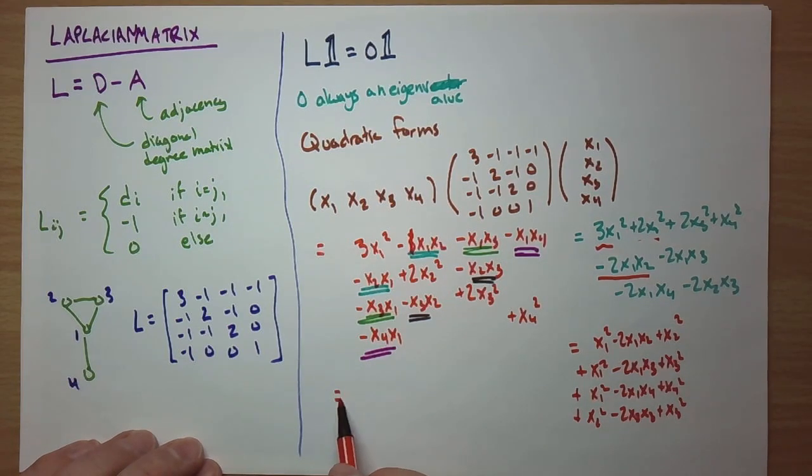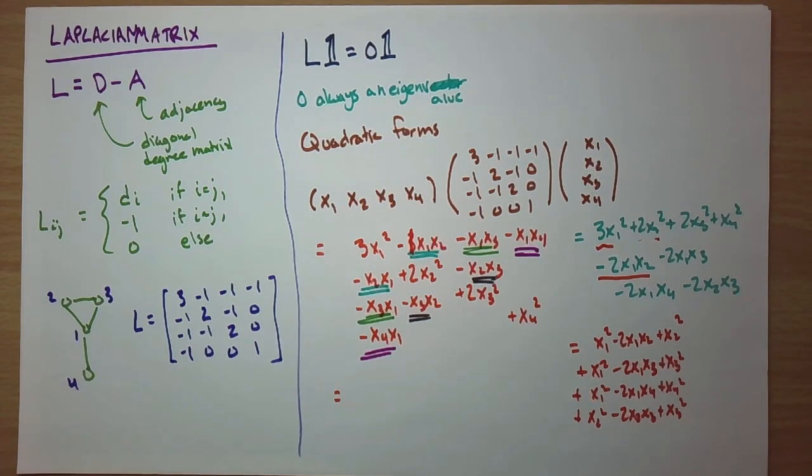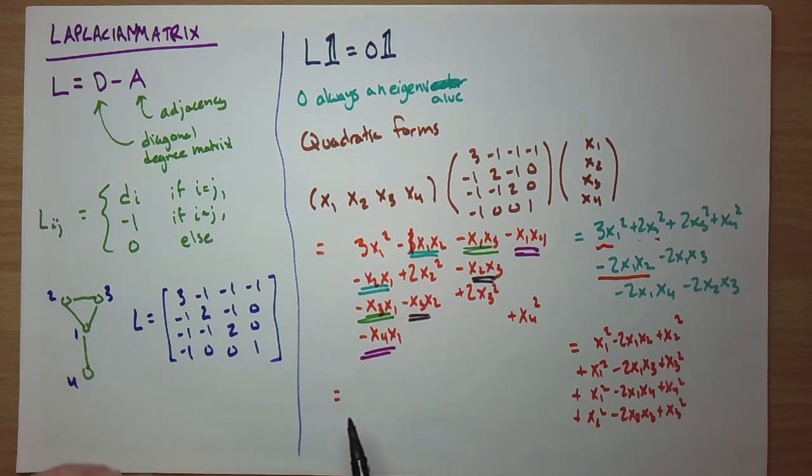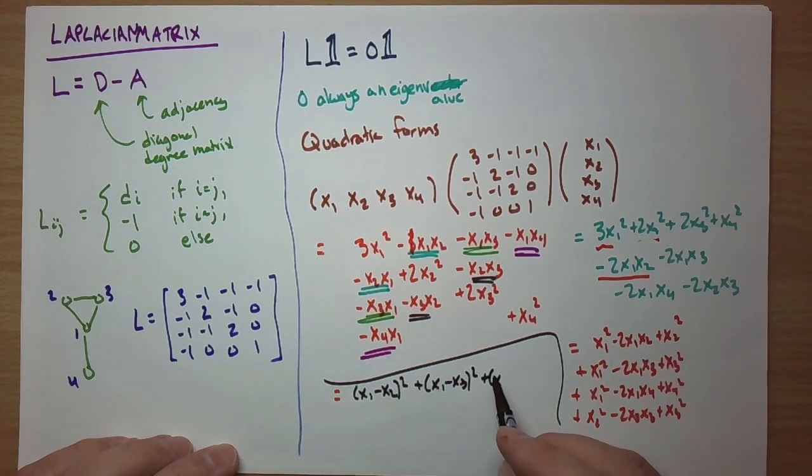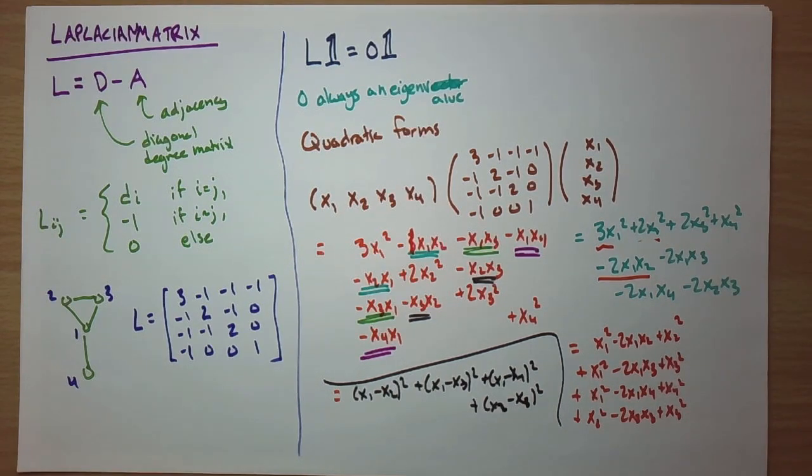So what do we have? Well, as we go in our very roundabout way, we have x1 minus x2 squared plus x1 minus x3 squared plus x1 minus x4 squared plus x2 minus x3 squared. Interesting.